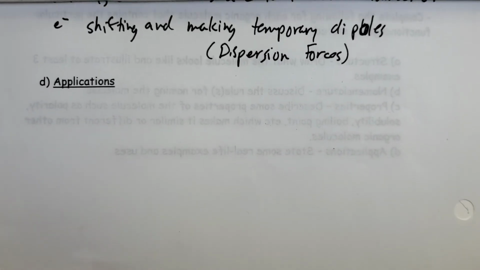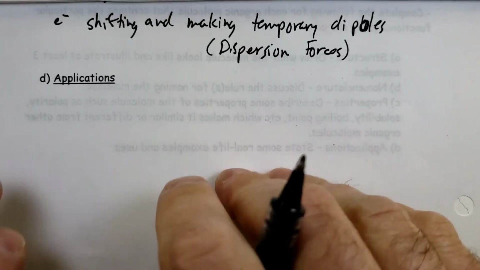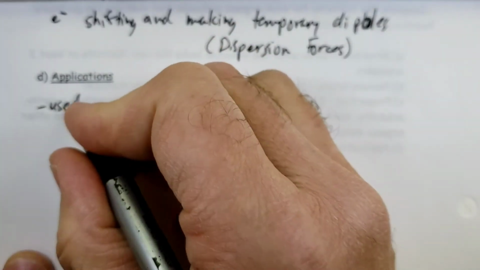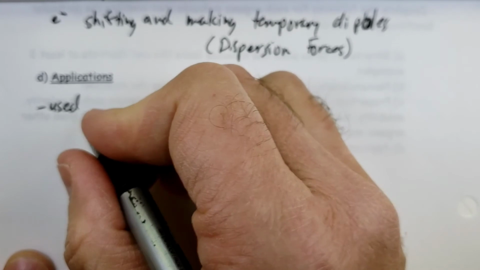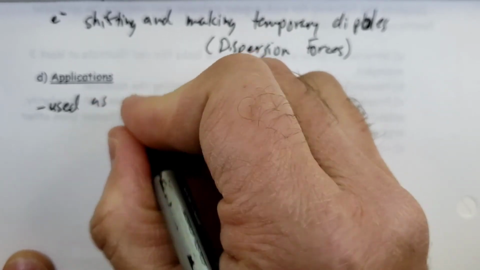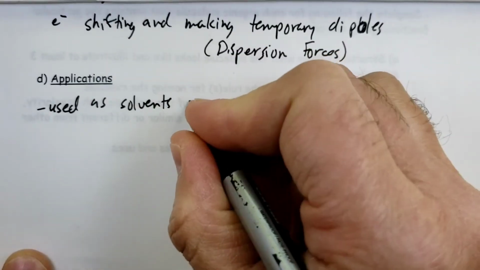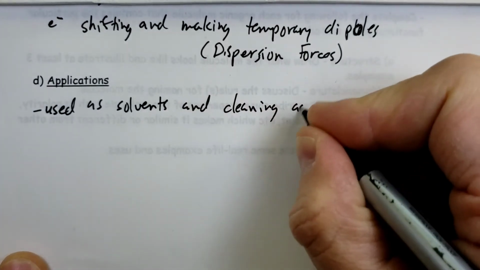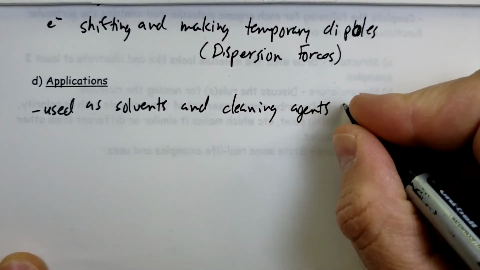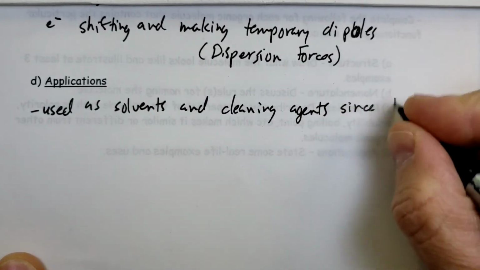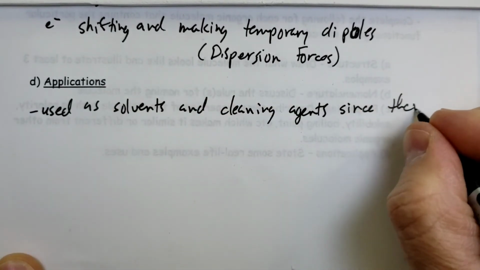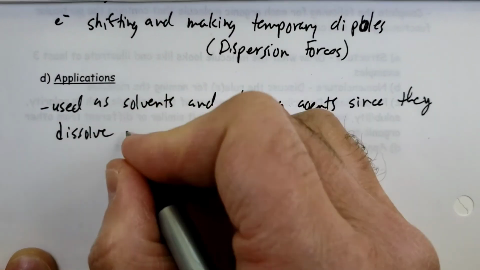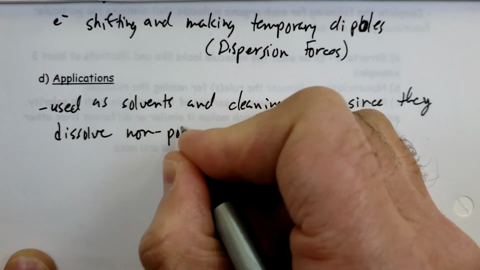So you only need to find 1 property, and that would be good enough for each one of these when you do it. Application, if you can get at least 2 of them. So these haloalkanes tend to be used as solvents. They dissolve other things, cleaning agents, since they dissolve nonpolar solvents.